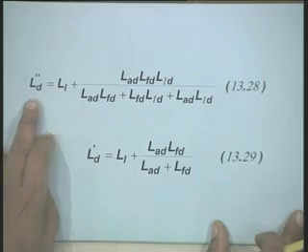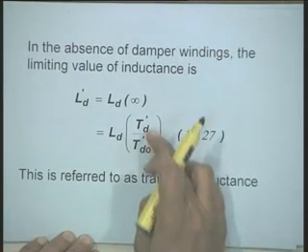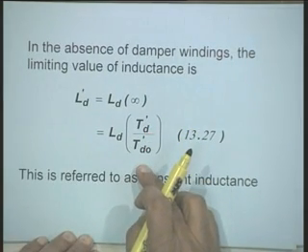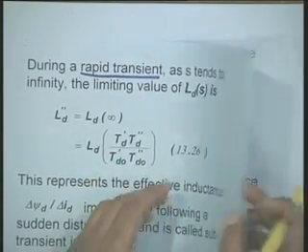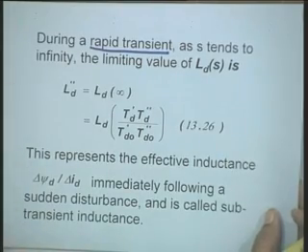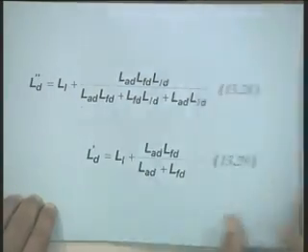And for the expressions, when you substitute the expression for TD prime and TDO prime in terms of the fundamental parameters, you will get the full expression for LD double prime. These are expressed in terms of the basic parameters. The expressions are quite lengthy, you can write them down.